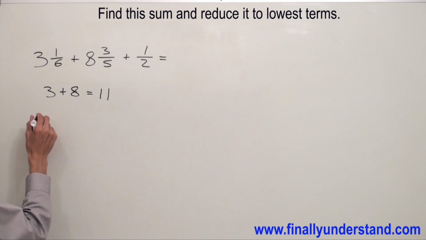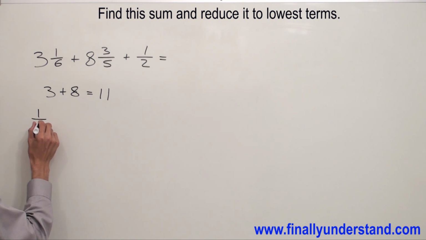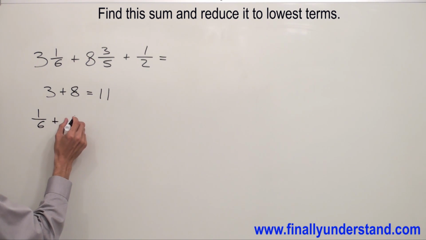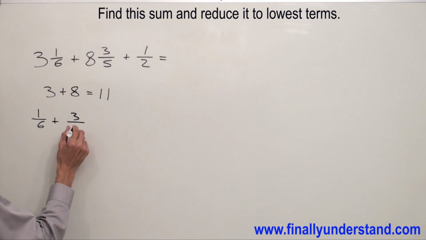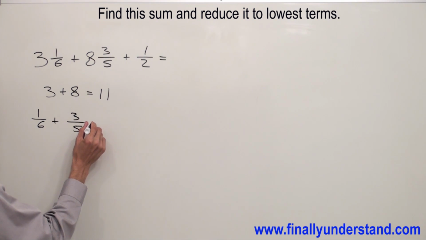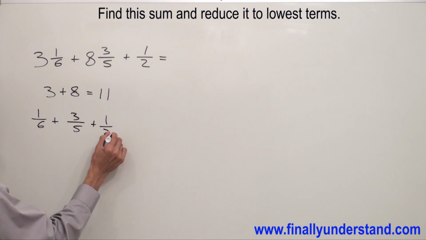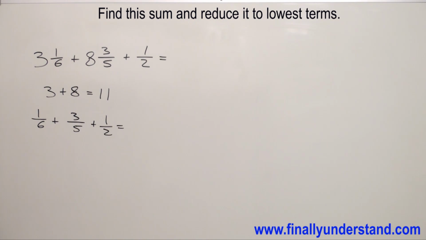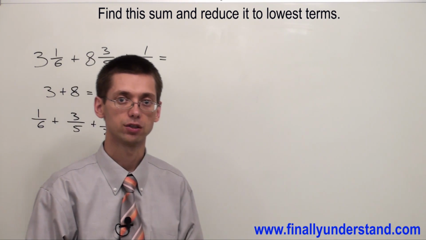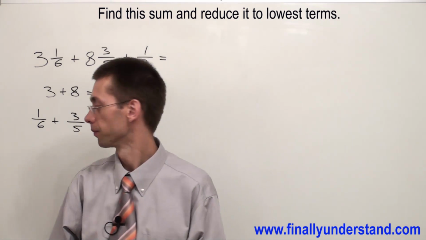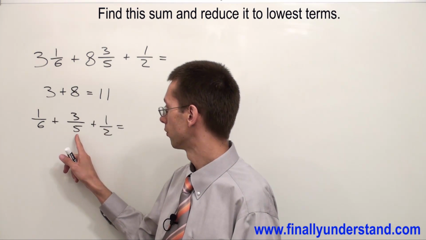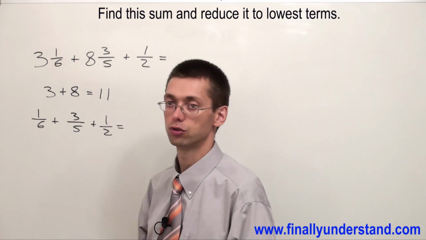Next, I have to add fractions. I have 1 over 6 plus 3 over 5 plus 1 over 2. Common denominator. In order to add these fractions, we're supposed to find a common denominator. We have 6, 5, and 2.